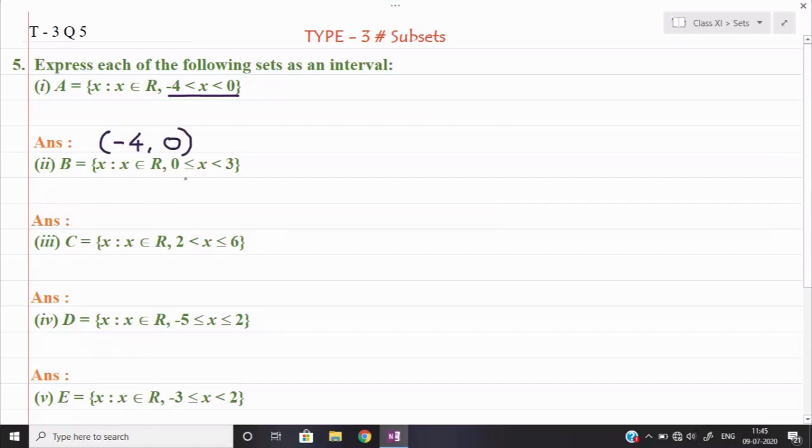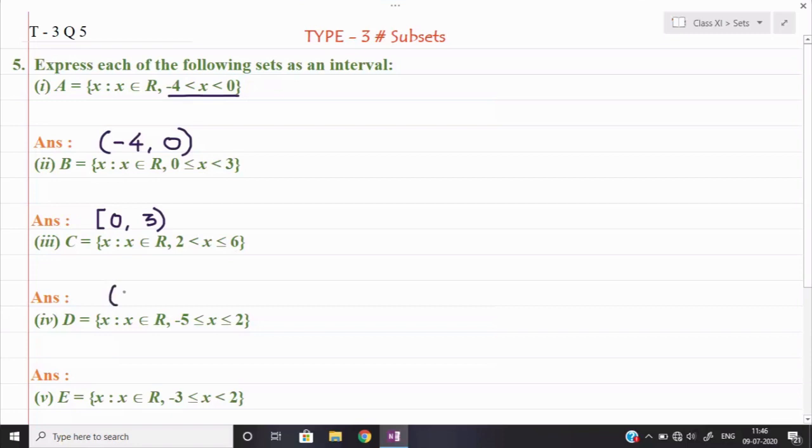Similarly, see the second one. Here 0 is given with a closed interval and 3 will be an open interval. So we shall write closed 0, comma, 3 open. For part C, they are giving us 2 as an open interval while 6 is a closed interval.